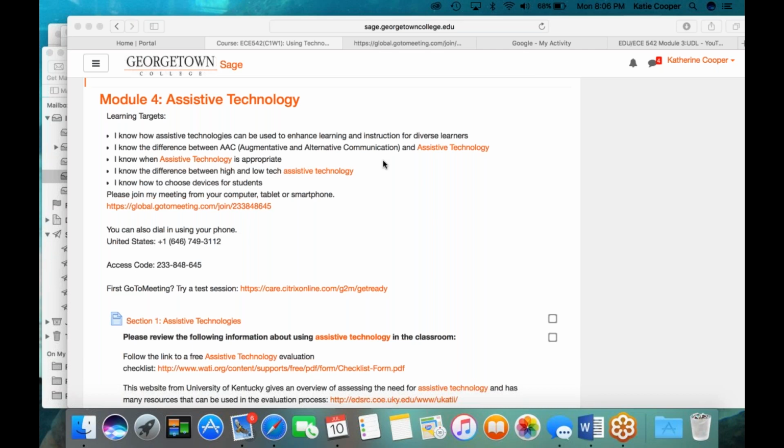So I want to make sure you understand that going forward when we're talking about assistive technology. We're not necessarily talking about communication, although communication is an important part of assistive technology, and we use a lot of assistive technology for augmentative and alternative communication systems.